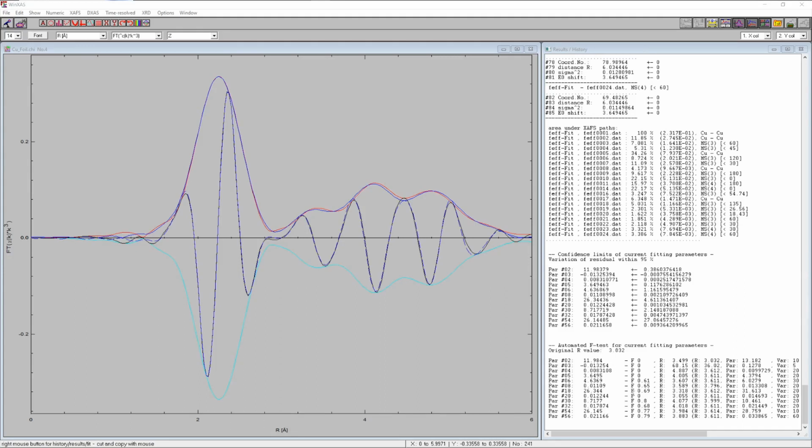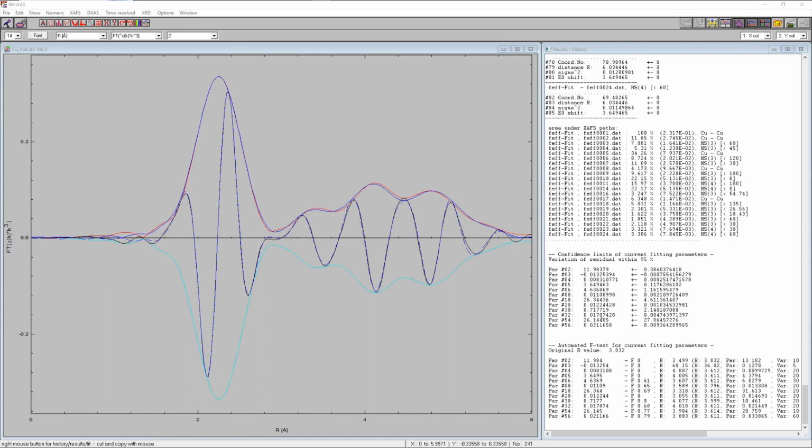And we see significant correlation here between the Debye-Waller factors and the coordination numbers, which is to be expected, but we can see this very clearly from the F-test and also from the confidence limits.